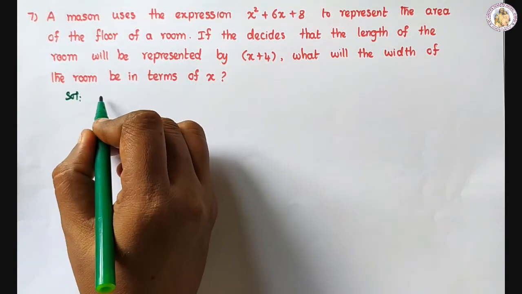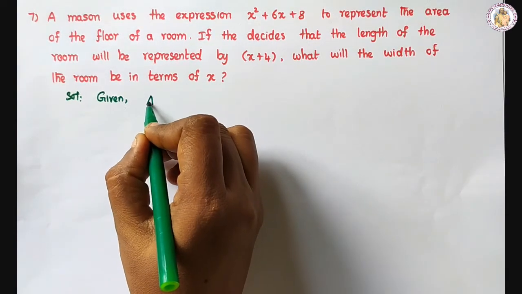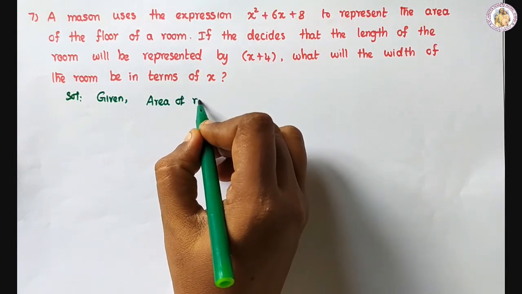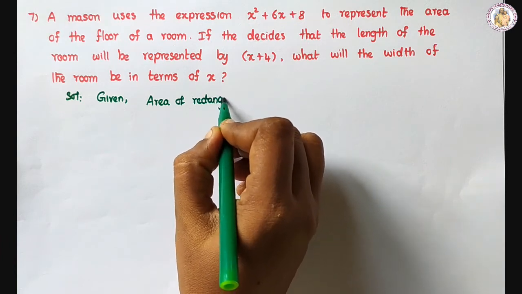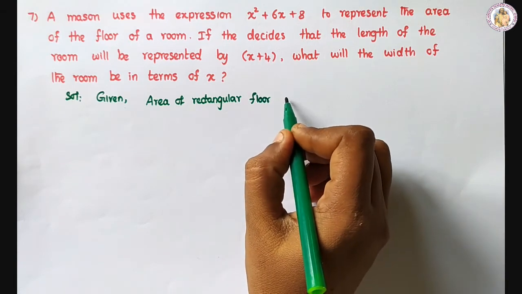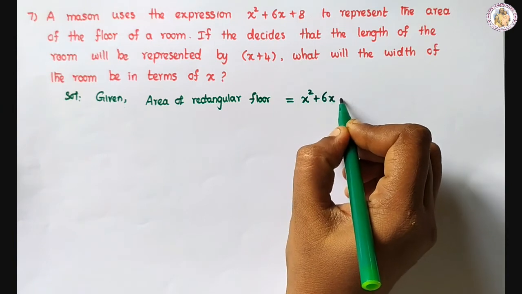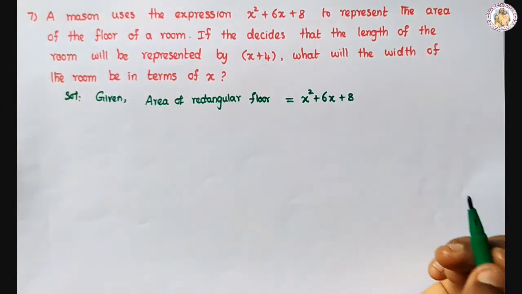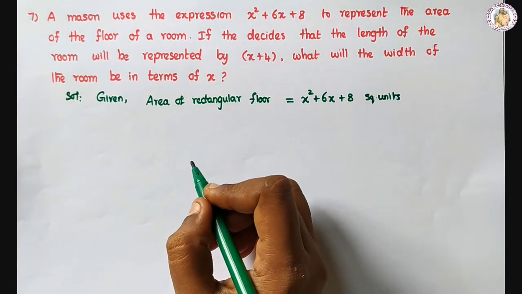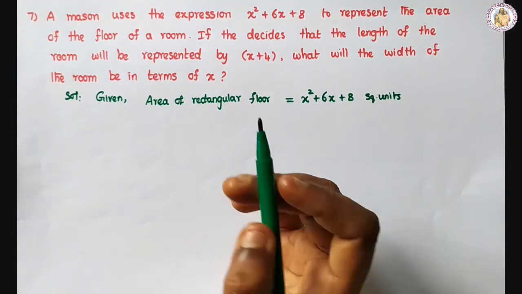What is given first? Given the area of the rectangular floor equals x squared plus 6x plus 8 square units. They gave the length of the rectangle.